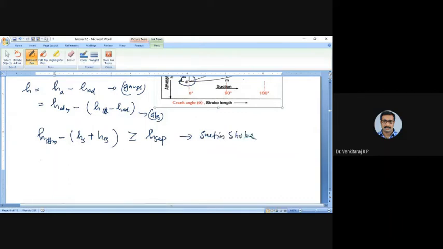Whereas during delivery stroke, it is H ATM minus HD minus HAD, which should be greater than or equal to H separation during delivery stroke.